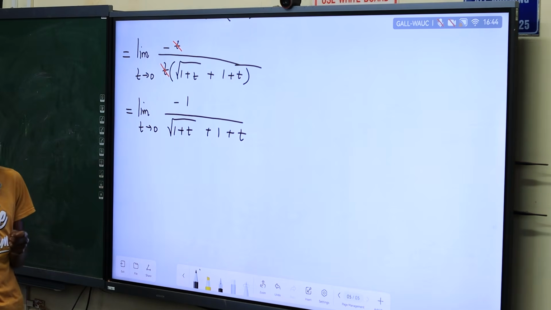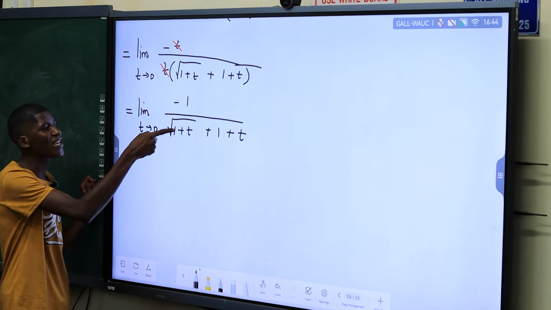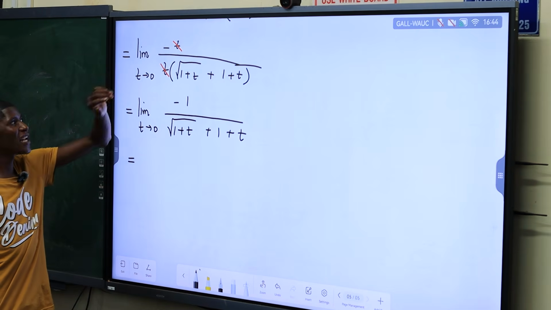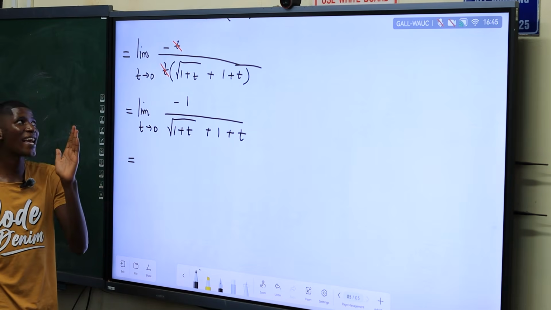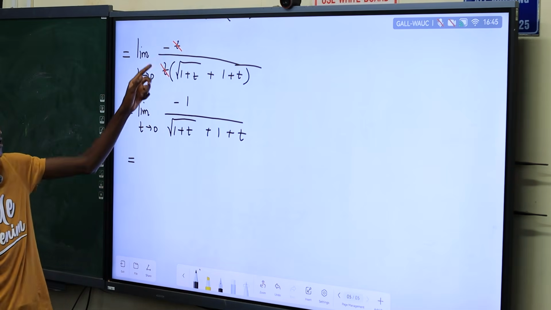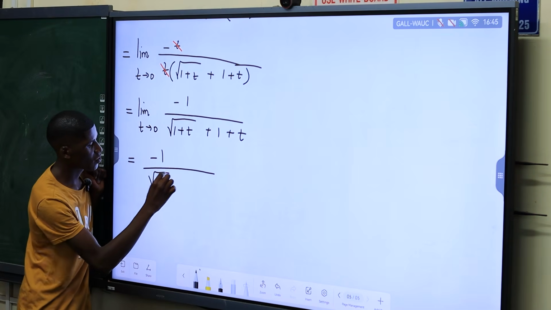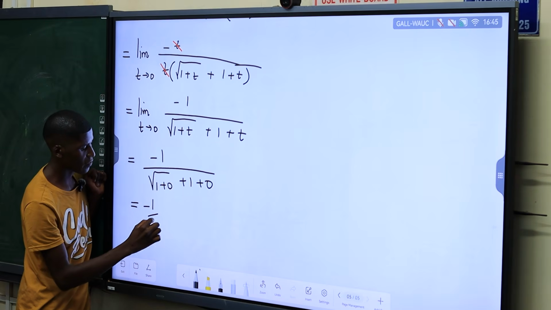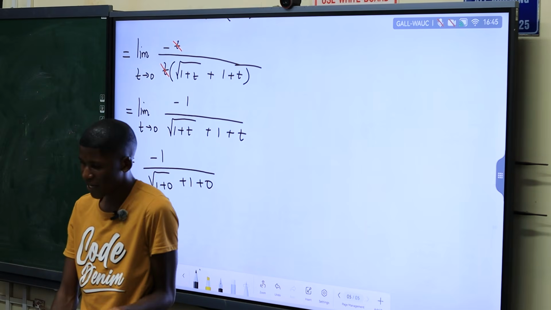Negative 1 over 2. So now we can substitute 0 because we cancelled the common factor. When you simplify and cancel something, you are removing the factor that was causing this to be undefined. So this is minus 1 over the square root of 1 plus 0 plus 1 plus 0, and this will give us negative 1 over 2. Simple one. Your algebra does the work here.